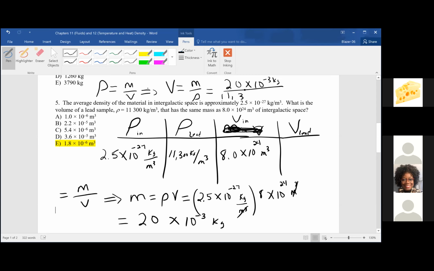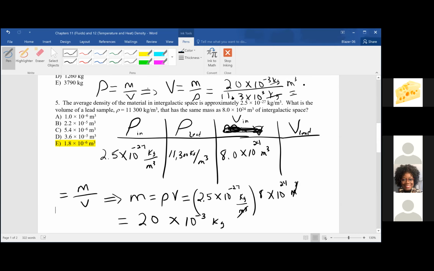Let's write this in scientific notation so it'll be easier to do. So let's just say 11.3 times 10 to the third kilograms per meter cubed. So kilograms and kilograms will cancel out. So now we've got 20 divided by 11.3, and we get 1.76.